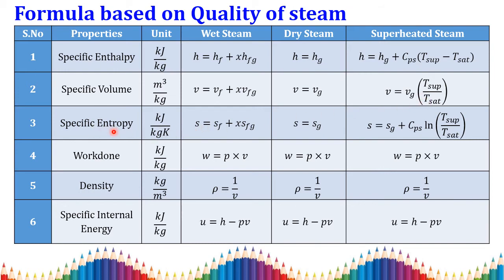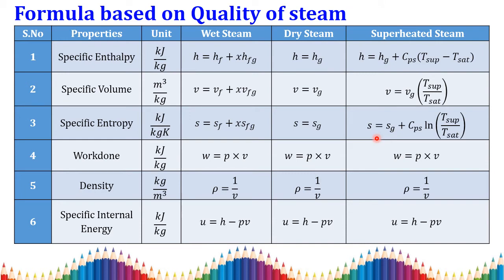For specific entropy, s equals sf plus x into sfg, for dry steam s equals sg, and for superheated steam s equals sg plus Cp into log of the ratio of superheated temperature divided by saturation temperature.